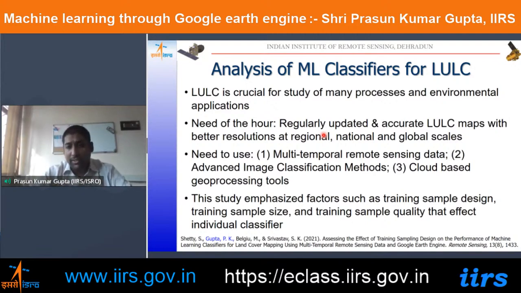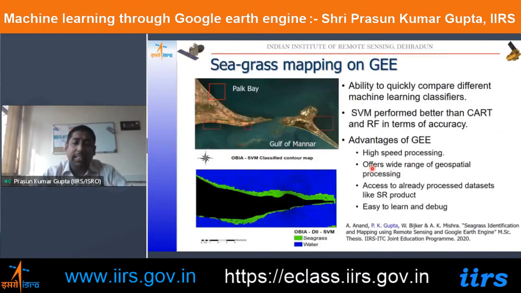The second study that we did on Earth Engine is a very interesting topic called seagrass mapping. Here we used Landsat and Sentinel data to see, in the southern tip of India, the Palk Bay, there's a very large reserve of underground forests of seagrass where some exotic species like sea cows reside, and they are very important for things like climate and ecological balance and so on.